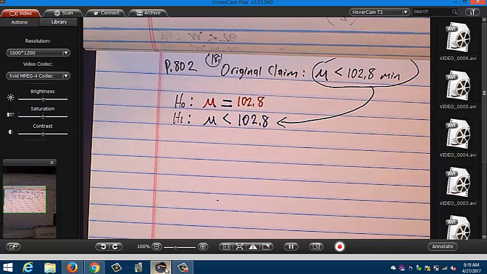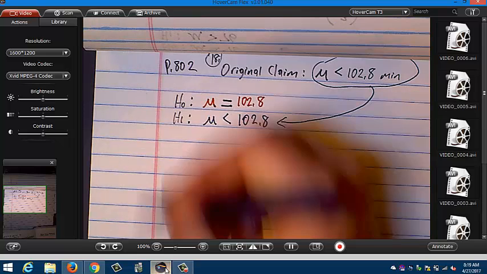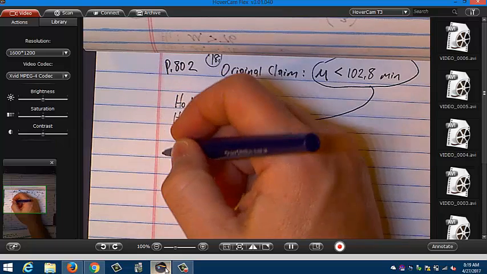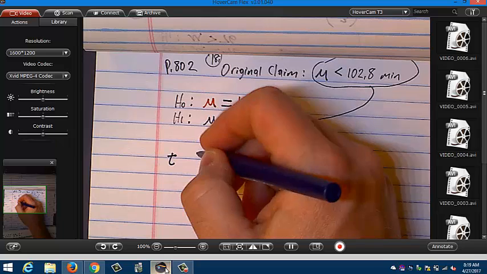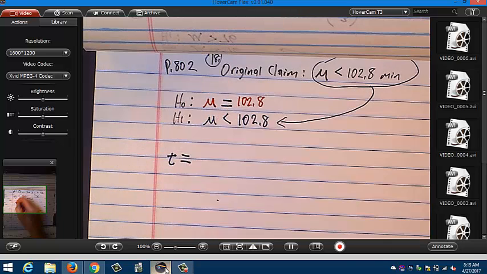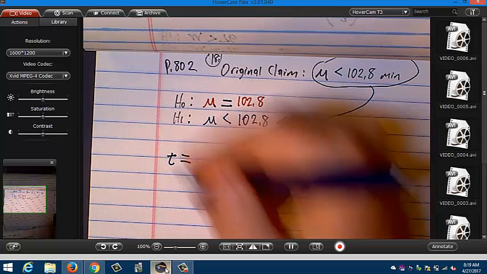And the next thing is we're supposed to use the test statistic, right? And so again, when I look at my formulas, really there's only two that I need for this section. So we're going to have t equals, this is my test statistic, right?